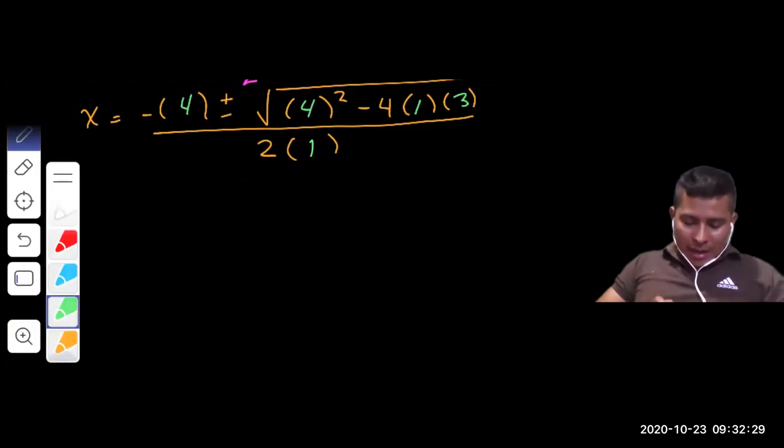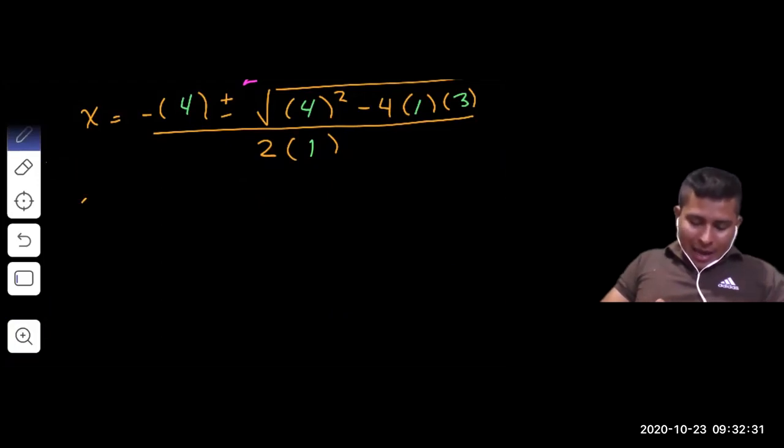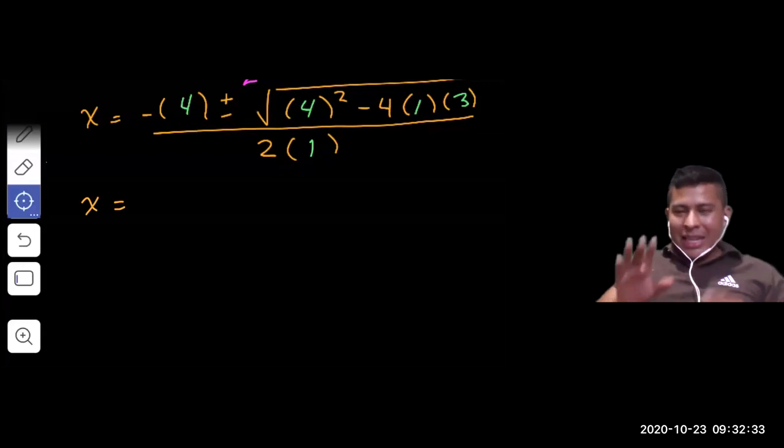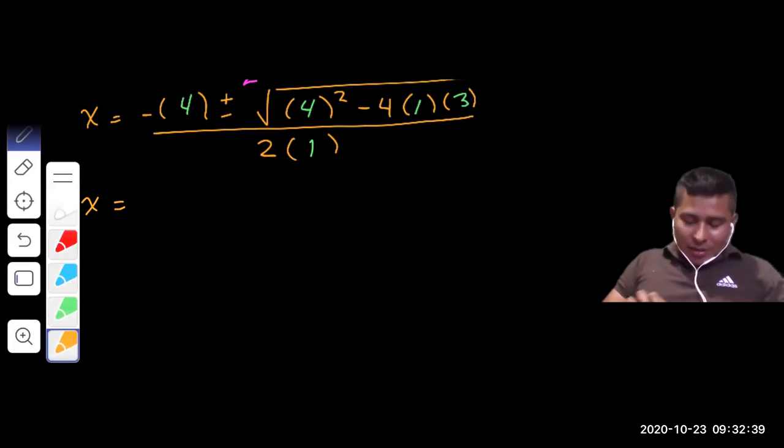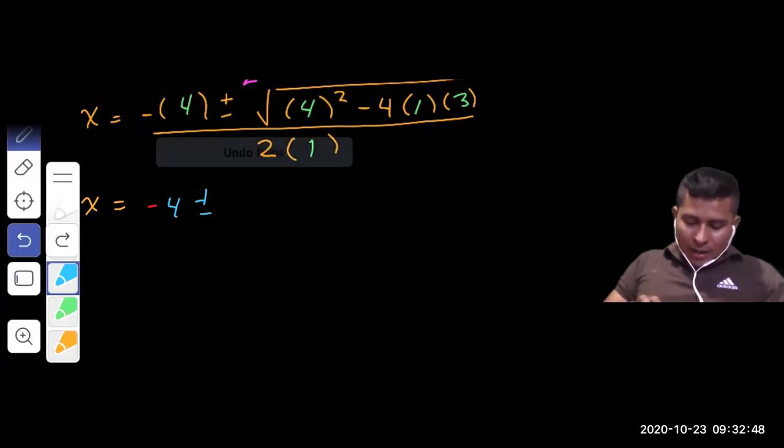Just simple operations. X is going to be equal to... We need to get rid of the parentheses. Simplify. This -4, when it's positive, the other is negative, it's going to be -4 plus minus. This is part of the formula.